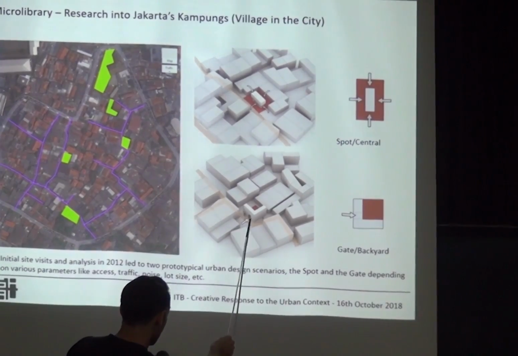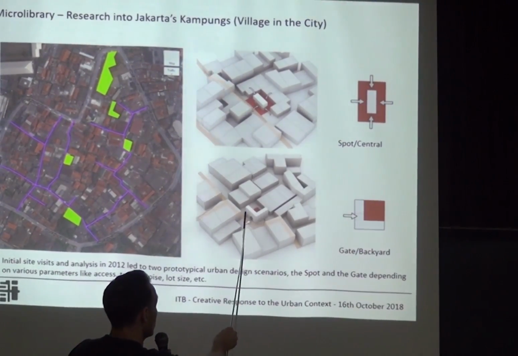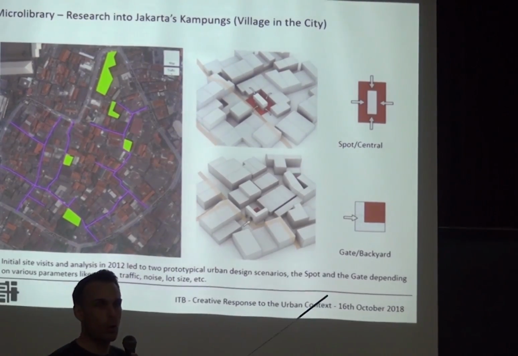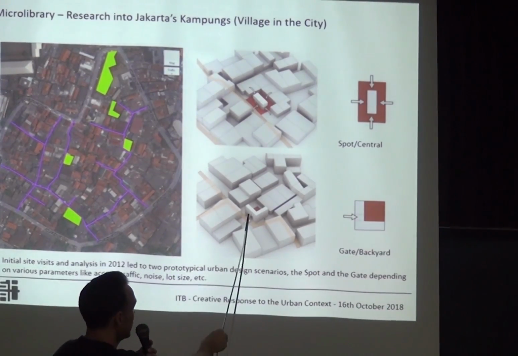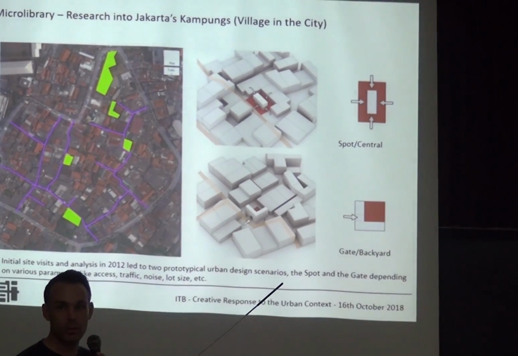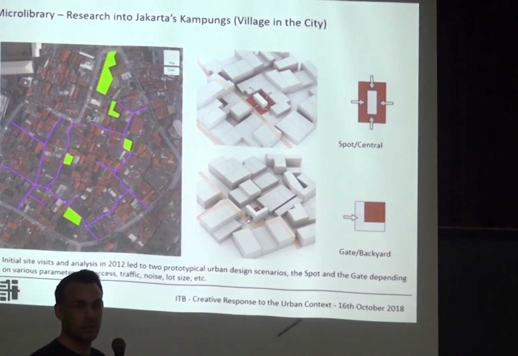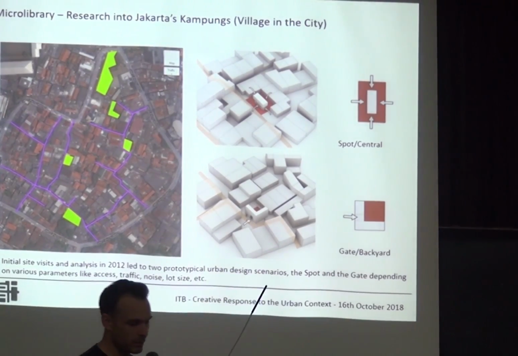But the other idea was, if it's noisy, you take a corner and build a wall or a gate where you generate your own micro surrounding, your own micro context, by forming a backyard. One of those we haven't built yet.